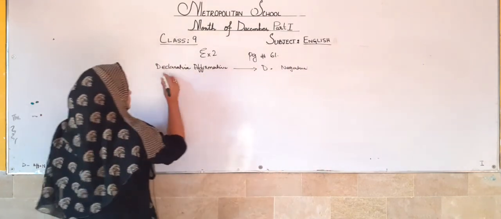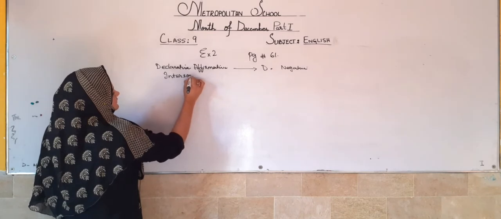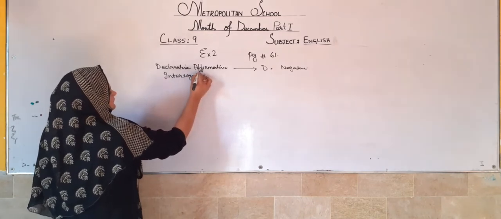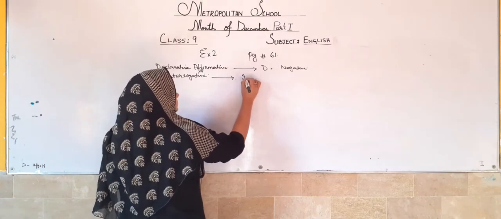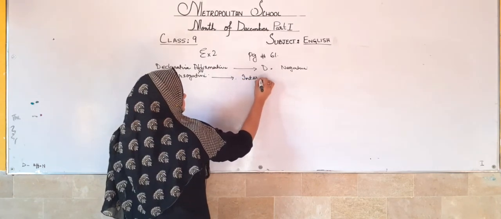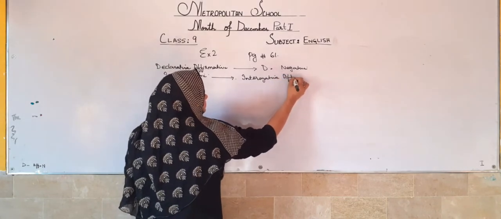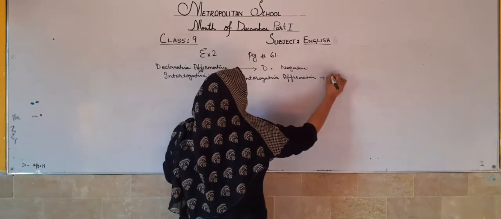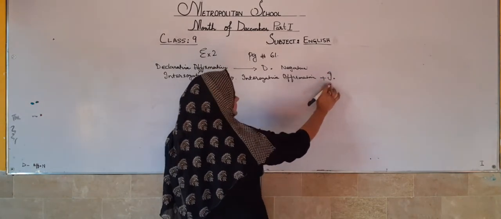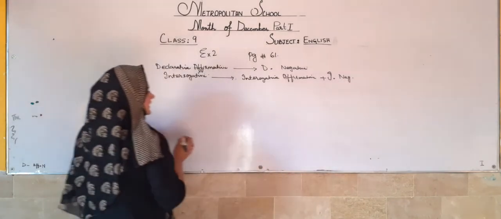Fine. If a sentence is interrogative, you need to change it into interrogative affirmative plus interrogative negative. I'm using the short form here, okay? I hope you will get it.